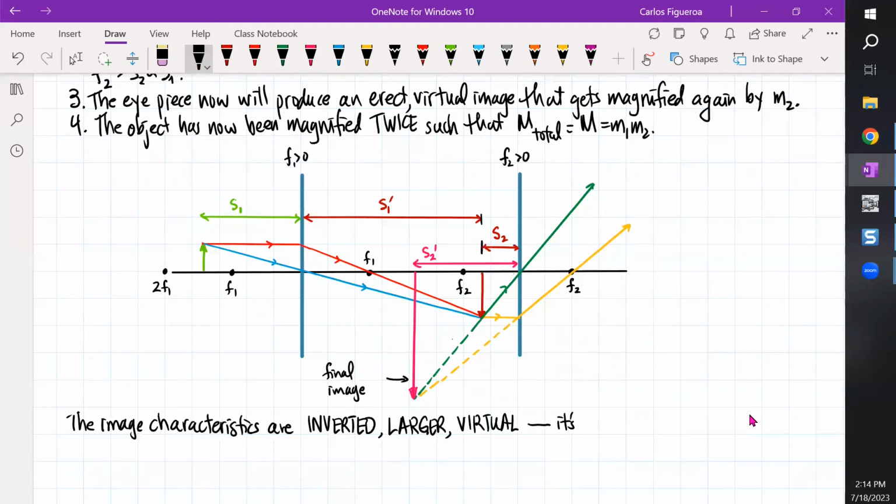It's not real. And what we're seeing here is that the reason why this is virtual is because it's on the left side of lens 2.